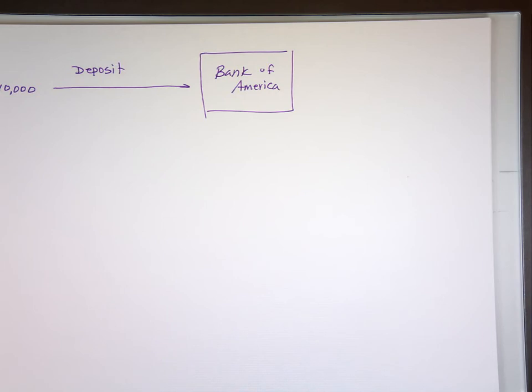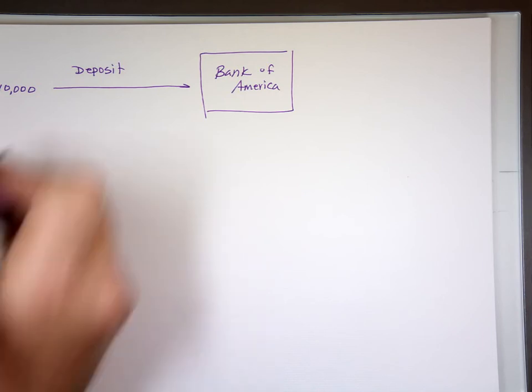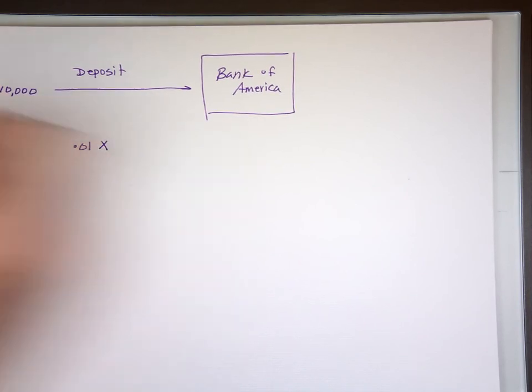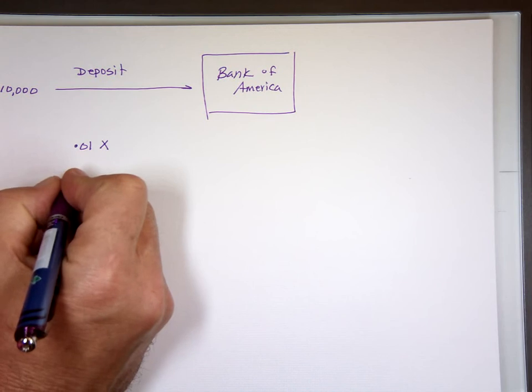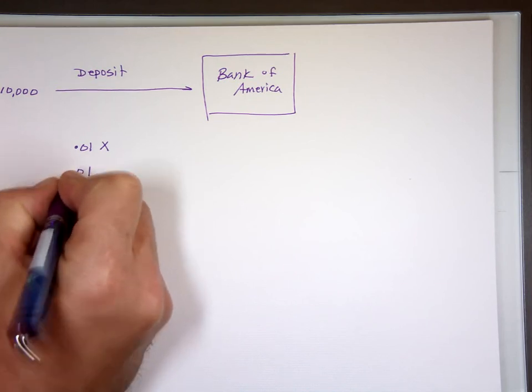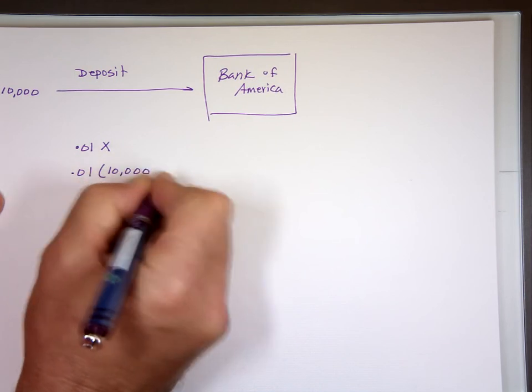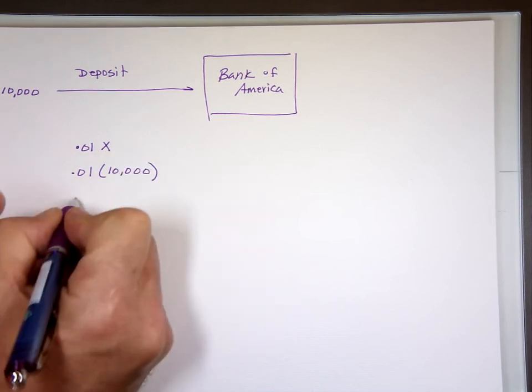So the interest you will get is 0.01x. 1% is 0.01 when we get to going from percent to a decimal. So this is how much interest you will get. So let's do the math. 0.01 and x is 10,000, the amount of money you're depositing. And that will be $100.